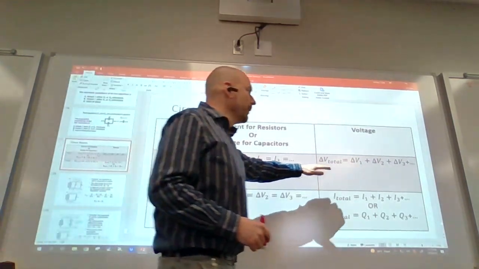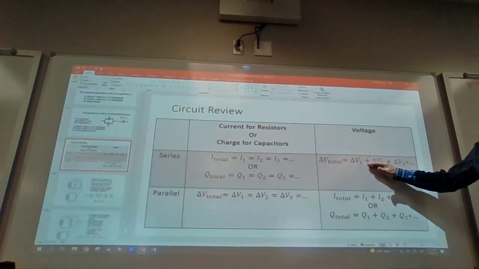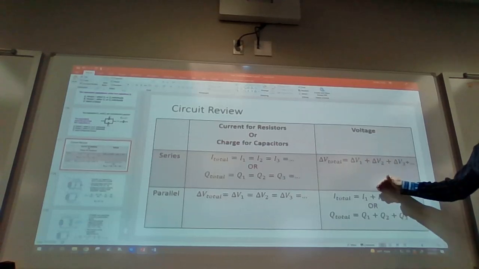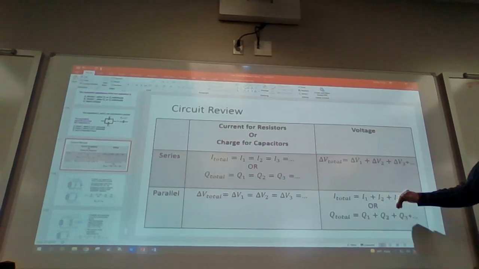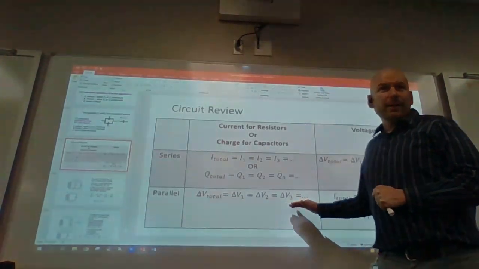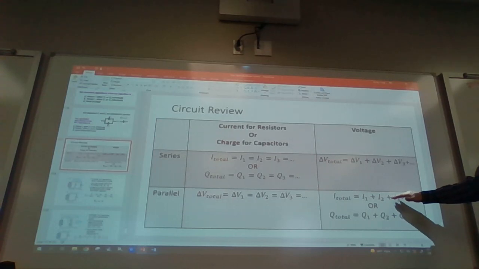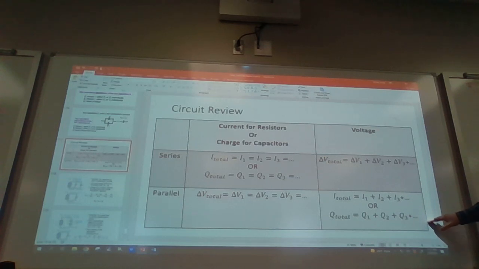The voltage adds up in series, and that happens with resistors and capacitors. In parallel, the voltage is the same, and the current adds up for resistors, and the charge adds up for capacitors.